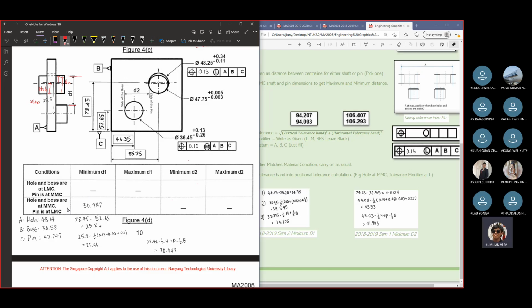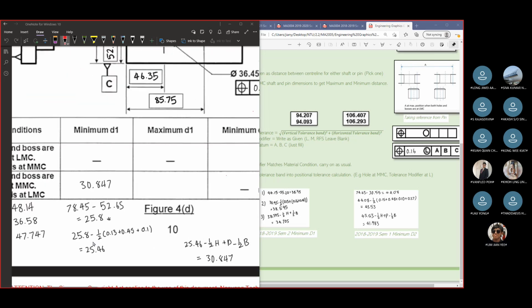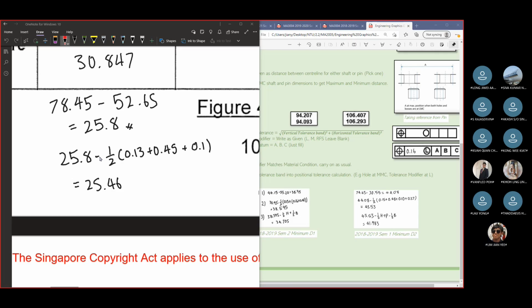Now you have minimum D1, so maximum D1. The important thing to know is that all the steps are the same, but instead of this being a minus, you just use a plus.